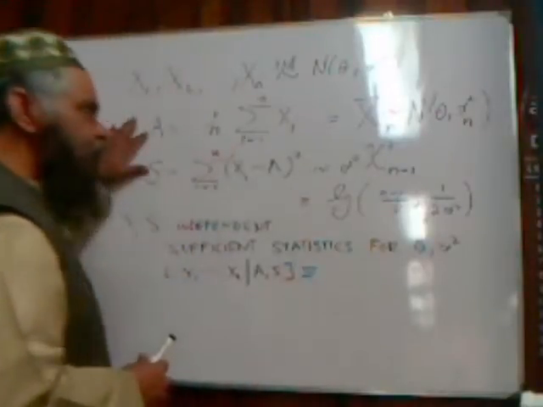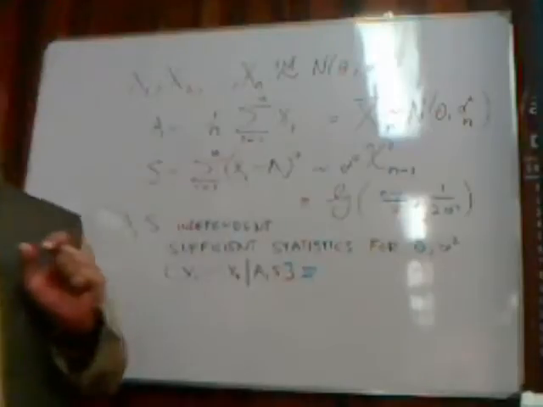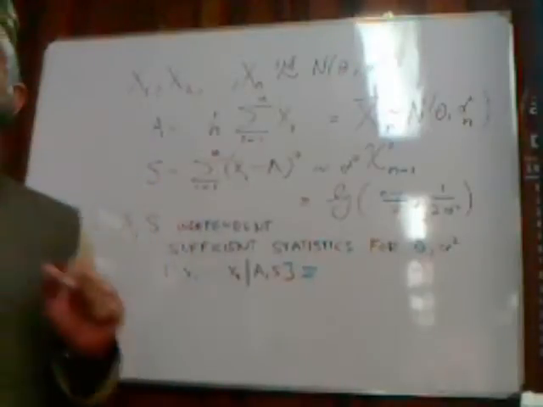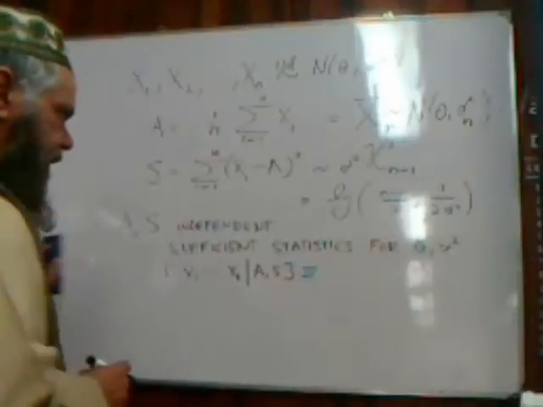So once we know that these are sufficient statistics, then we know that all inference about theta and sigma squared can be based on these two numbers alone, and that is crucial. It means that we can reduce the data into these.